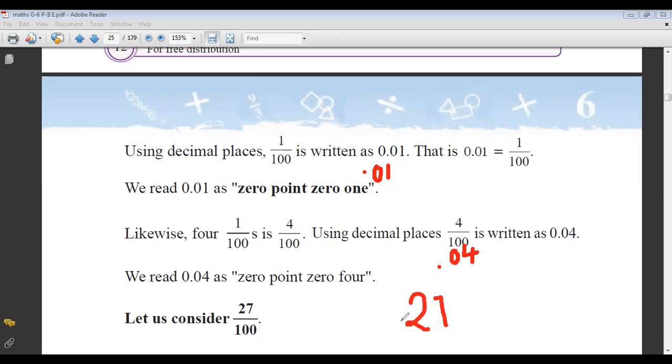Then 2 numbers are there. We don't need to put another 0 to make it 2 decimal places. Already 2 numbers are there. So to make it 2 decimal places, you put the decimal point here. Hope you understood.